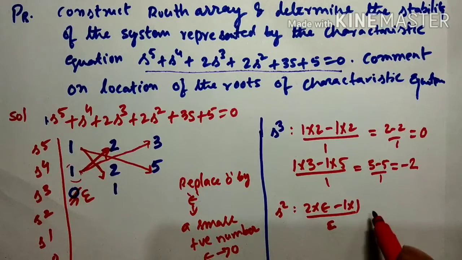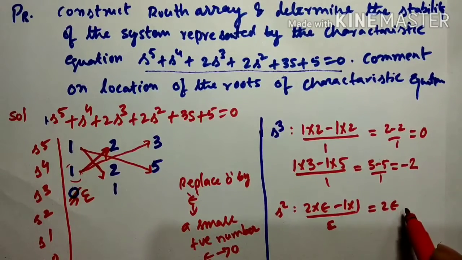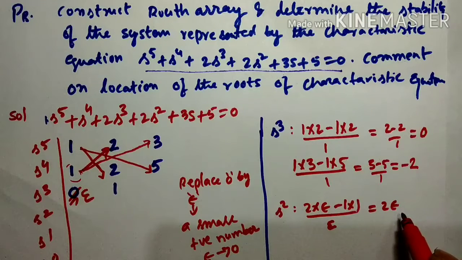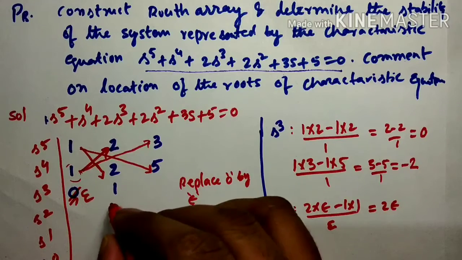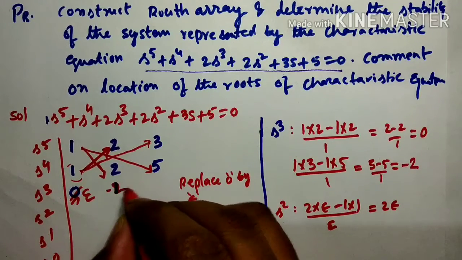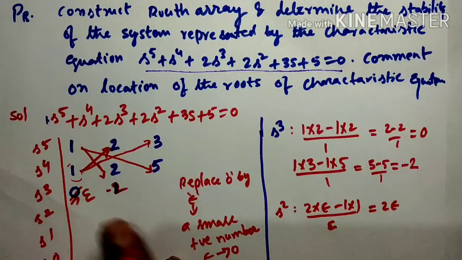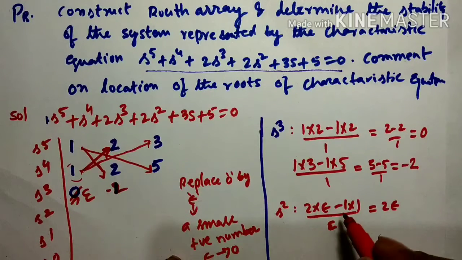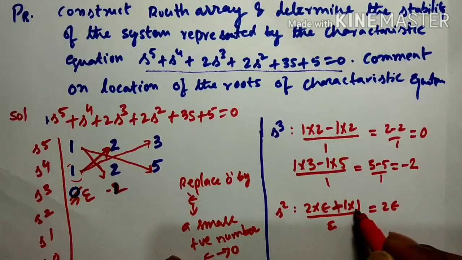You will get 2 epsilon minus minus 2, so the minus becomes plus.